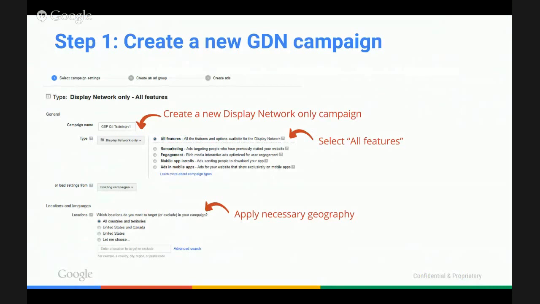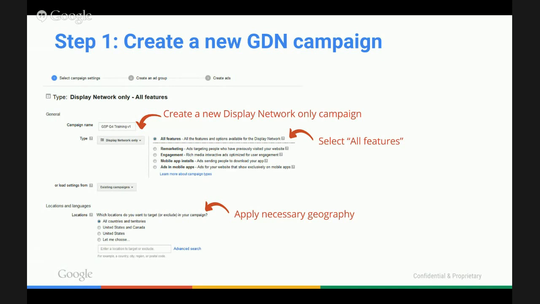Once you have the feature enabled in your AdWords account, you will be able to create a specific type of campaign that would enable you to show your ads under the Gmail sponsored promotions. To start with the campaign, you would, of course, enter the campaign name and then choose the type, which would be display network only campaign.